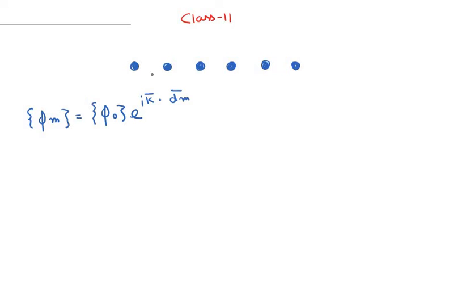For example, here this is lattice point 1, 2, 3, 4, 5 and 6, and we are using position basis.